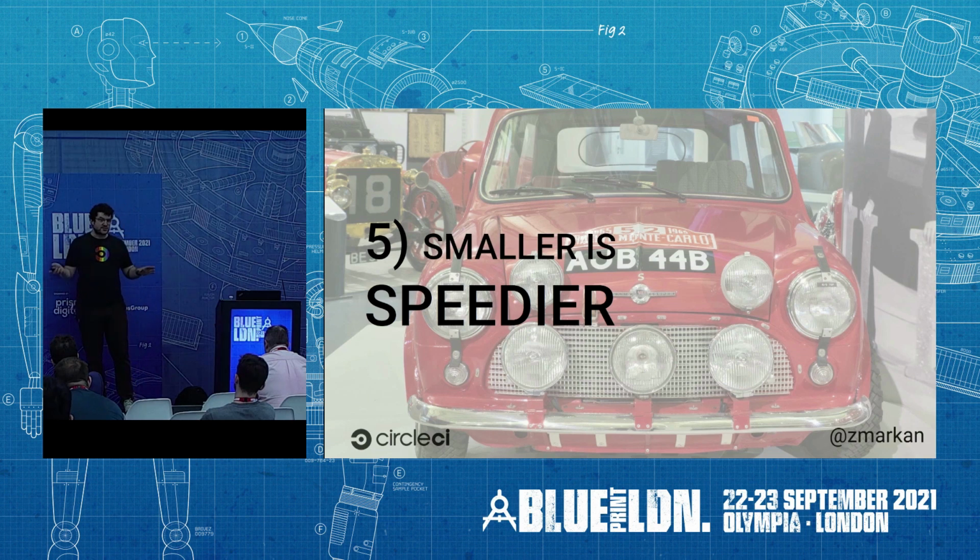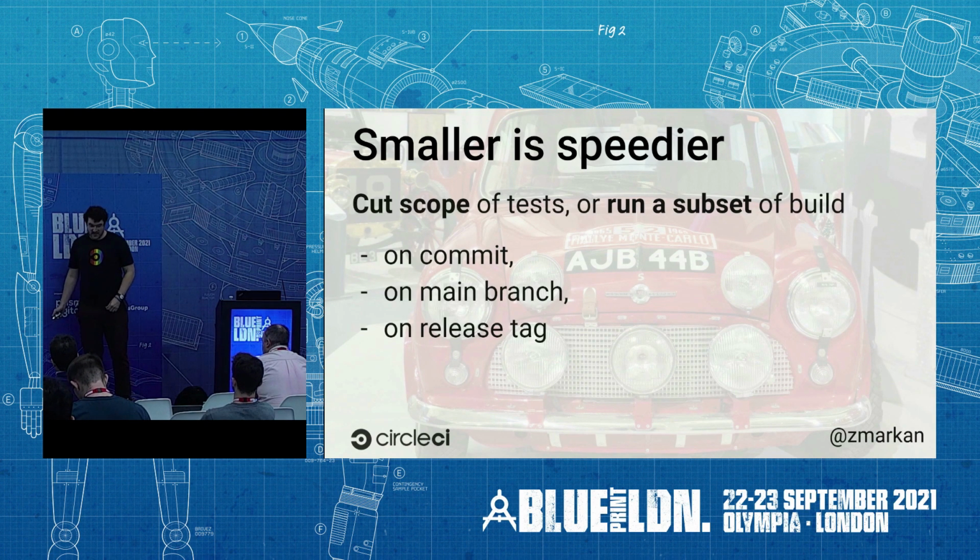So now we've kind of exhausted all the really hacky or feature-wise tricks. Now we really have to think about how else we can optimize things, and that's by going a little bit smaller. In our case, as you might imagine, we had way too many functional tests.